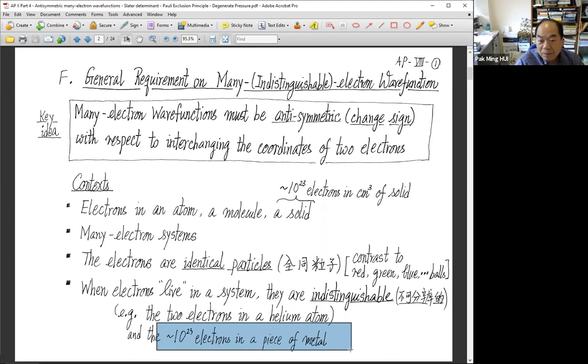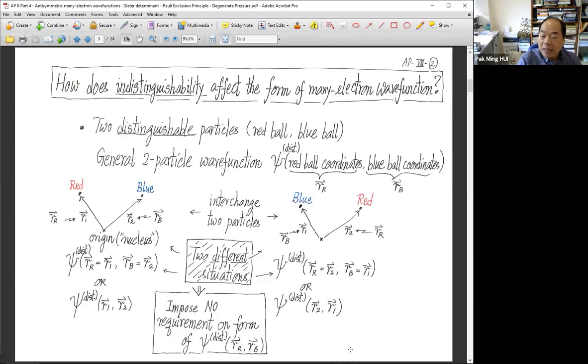It's the same requirement. That leads us to look at what indistinguishability does to the quantum wave function. Okay, so that is the question. Why does this idea of indistinguishable electrons have something to do with the form of the wave function?